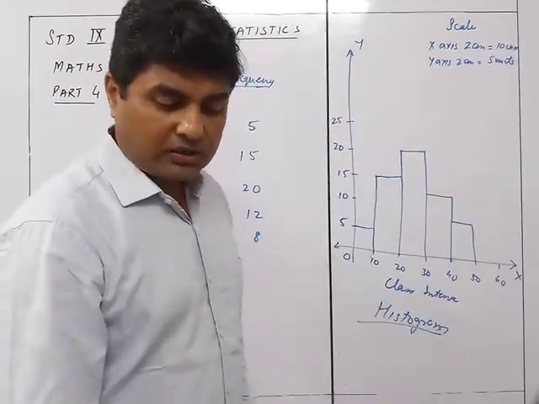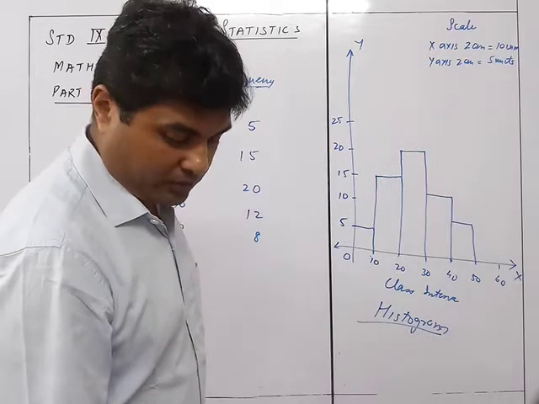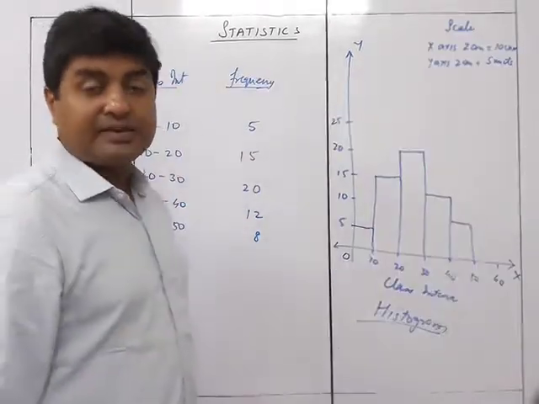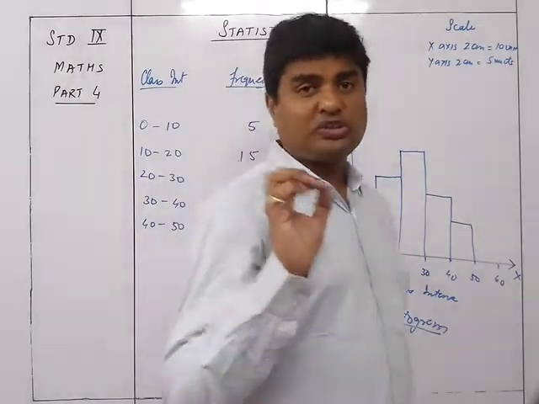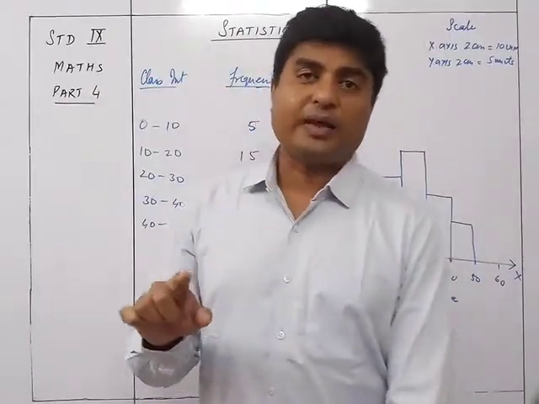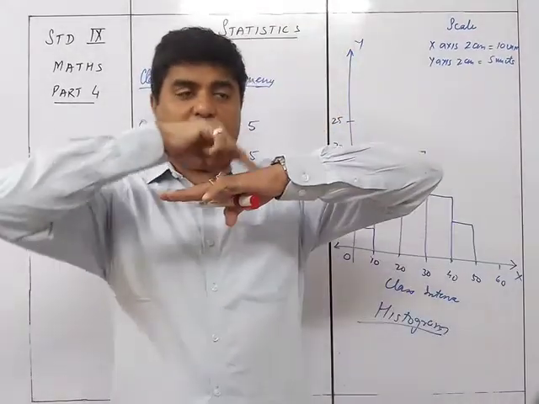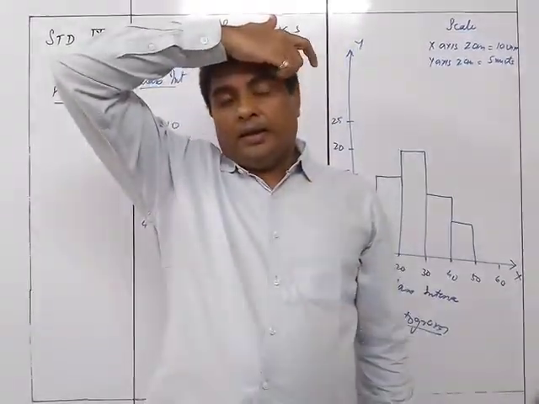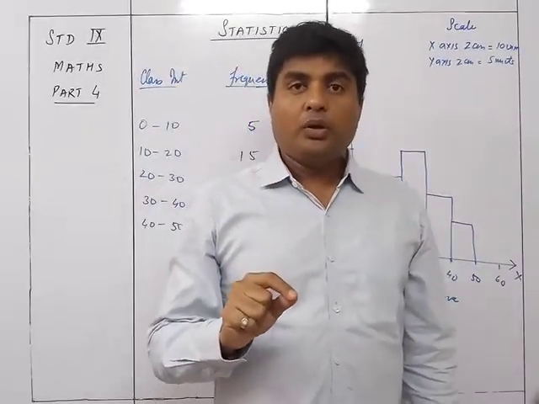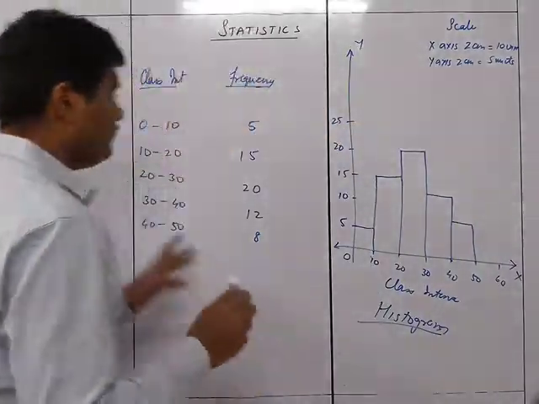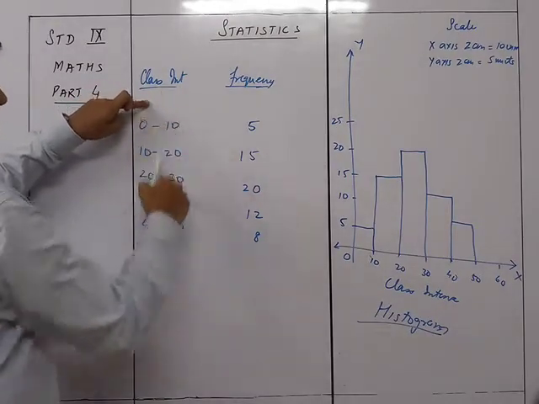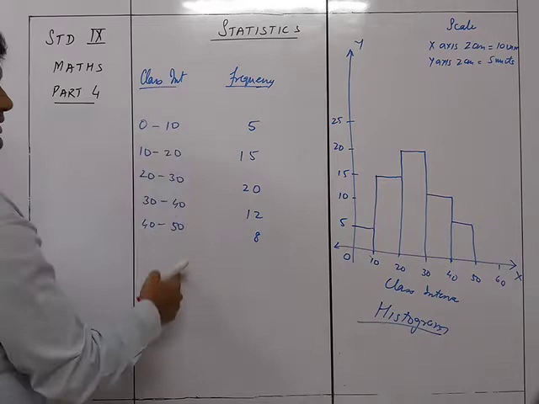Now we are going to draw the frequency polygon. In case of a frequency polygon, the main thing is that because it's a polygon, it has to start with the x-axis and end with the x-axis, so that it becomes a closed figure. You have to first of all add one class interval on the upper and the lower side.